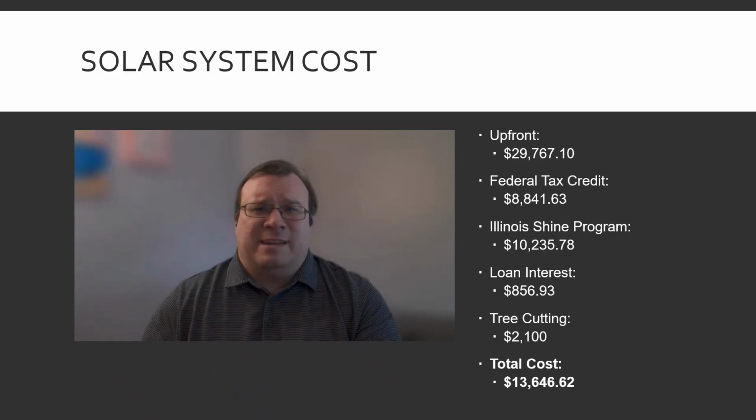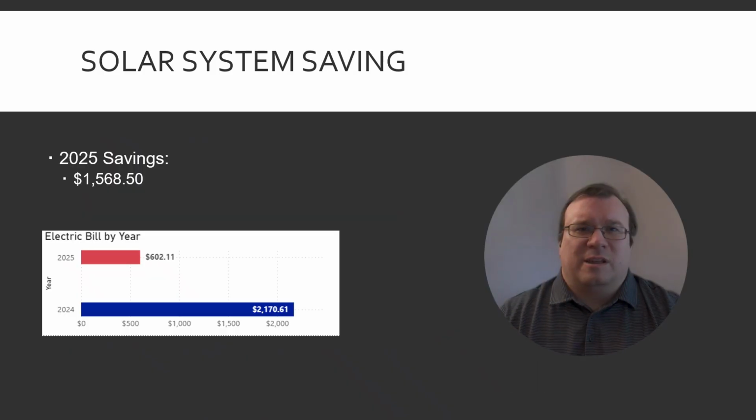The homeowner did take a loan for a short period, and he was charged $856.93 of interest. The homeowner also had to cut down 2 trees, which cost $2,100. So the total cost was $13,646.62.